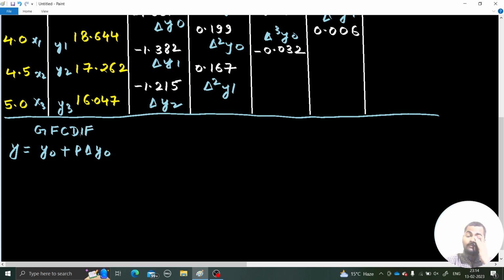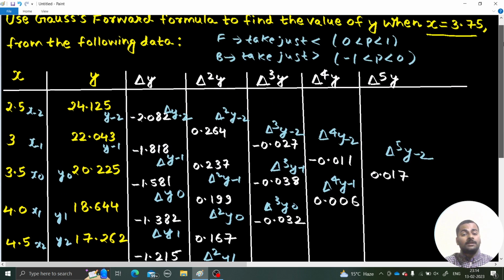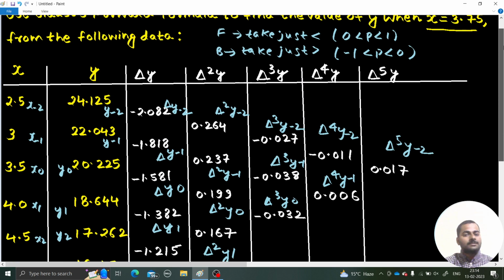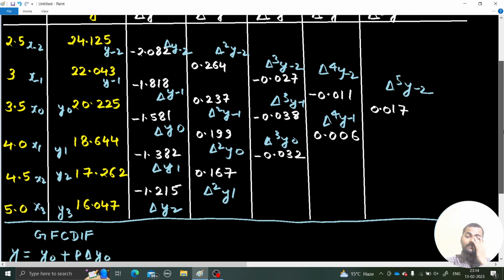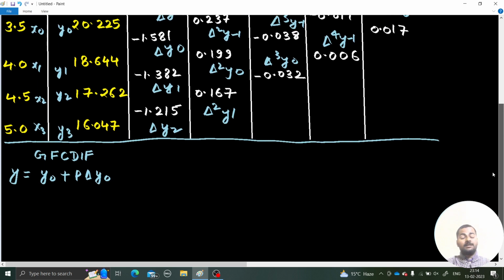I will write the backward also so that you can compare, because in the same problem we can use both. Slightly we'll have to change the x naught value, because as I told, in backward we take just greater than, so in case of backward you will take x naught as 4, and accordingly the delta values will change. The table will remain as it is, but those values will shift a bit.